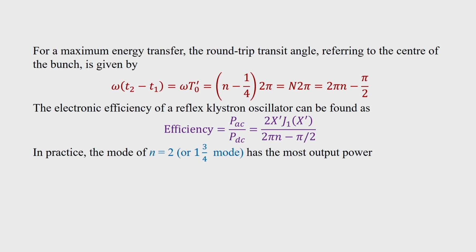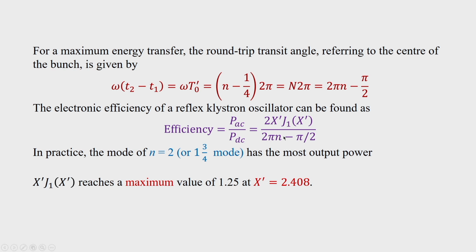Now, we are not going into the detailed derivation of this for reflex klystron. In practice, the mode of n equal to 2 or 1 3/4 mode has the most output power.